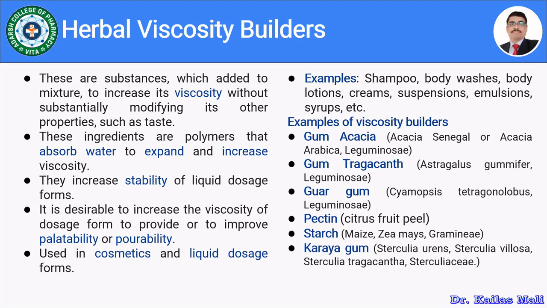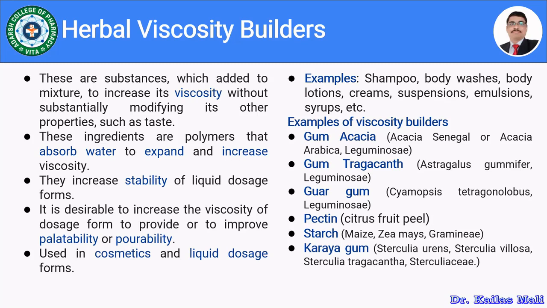Then pectin is obtained from citrus fruit peel. There are many other sources of pectin as well. Mainly it is used in foods. Then starch is obtained from maize, Zea mays, belonging to family Gramineae.